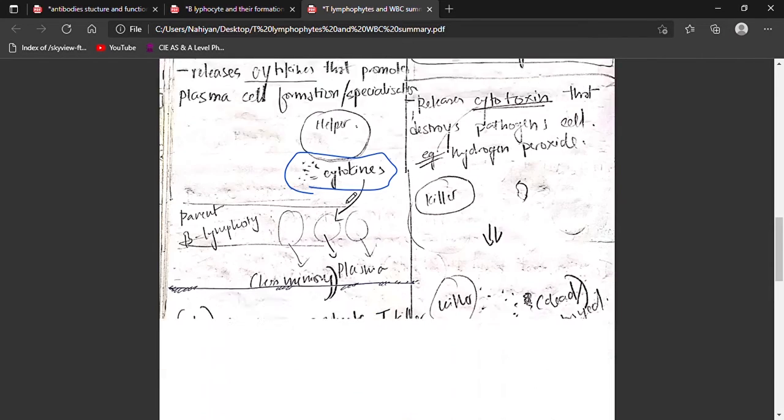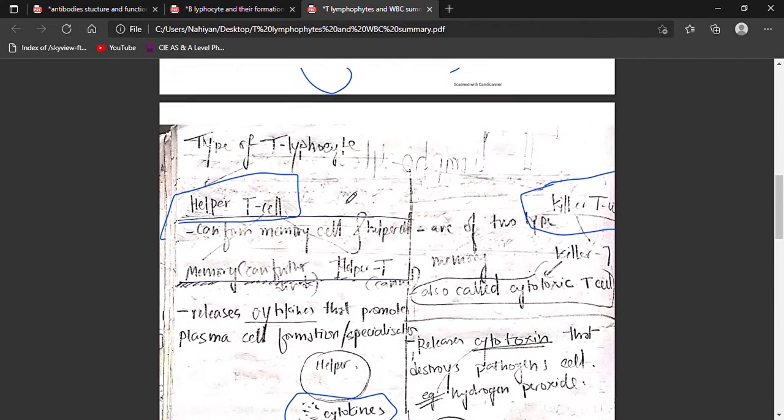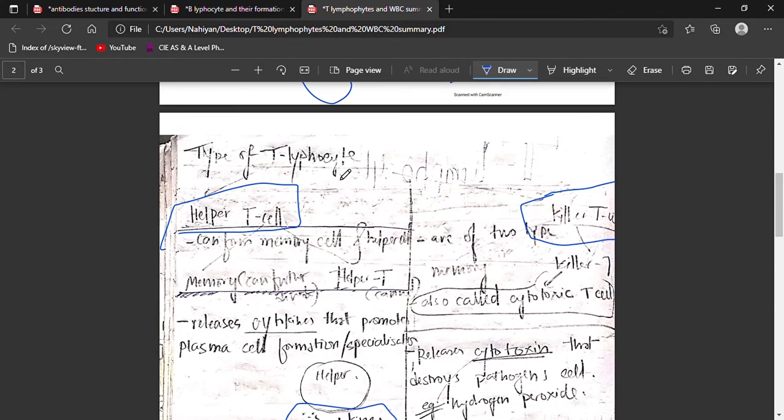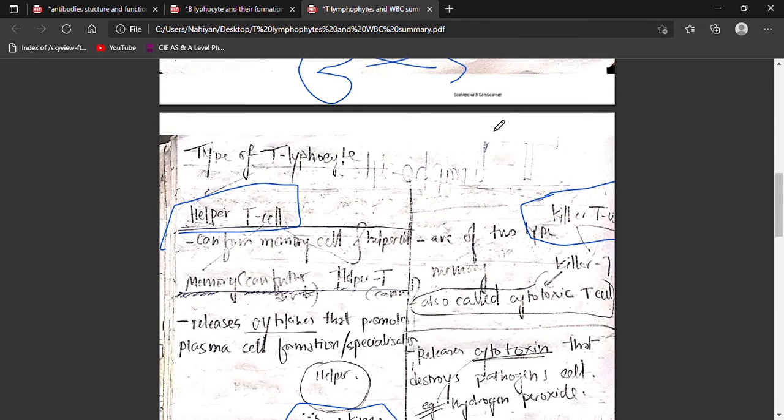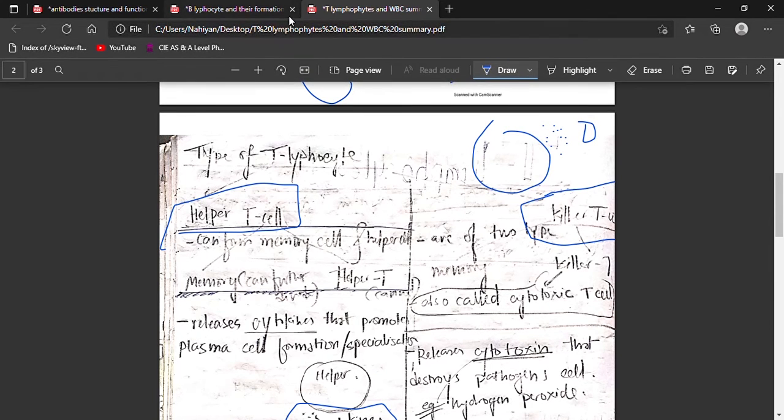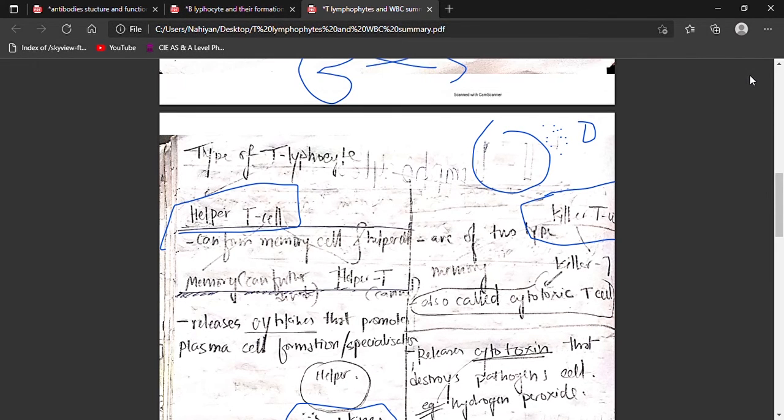So this is the helper cell, and then we come across the killer cell. It is different because the killer cell produces chemicals that kill the pathogen, but these chemicals are not antibodies, which B lymphocytes created. The killer cells are of two types also.